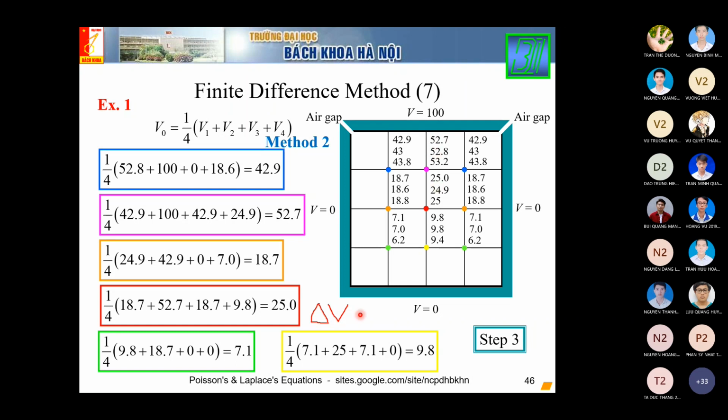So for an exercise, this value will be given beforehand. For example, the requirement of this exercise is 1 volt. So can we stop after the second step?